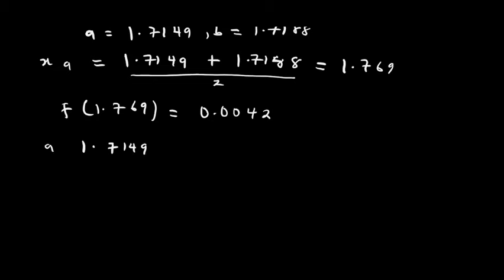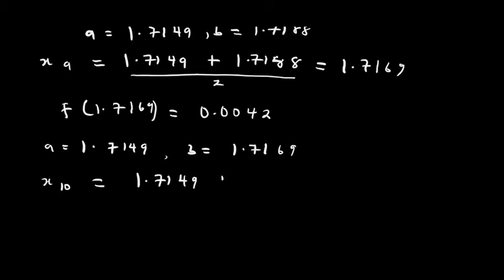A is equal to 1.7149 and B is equal to 1.7169, and x10 is equal to 1.7149 plus 1.7169 over 2.